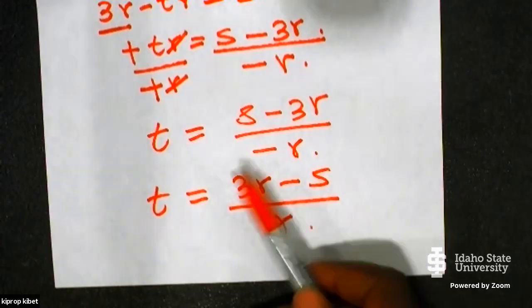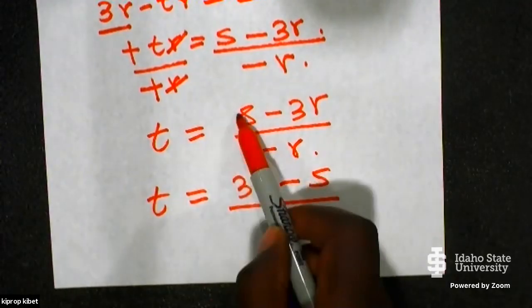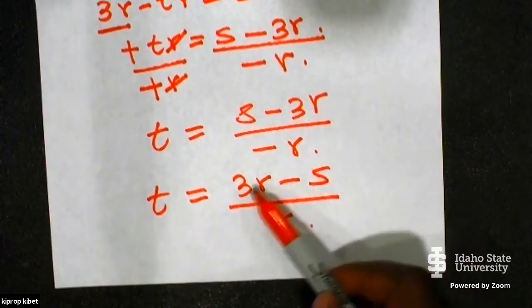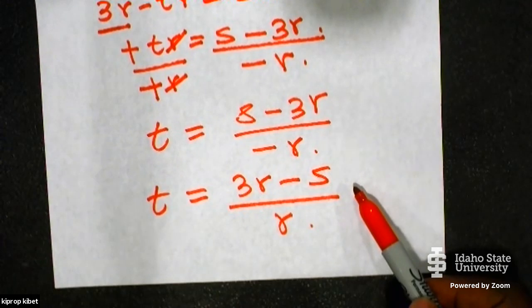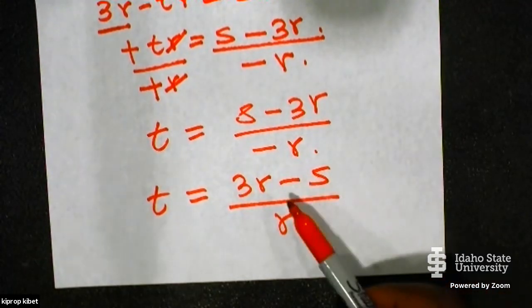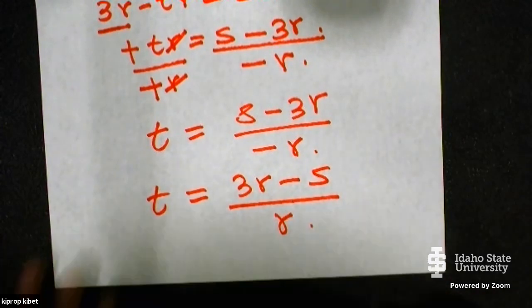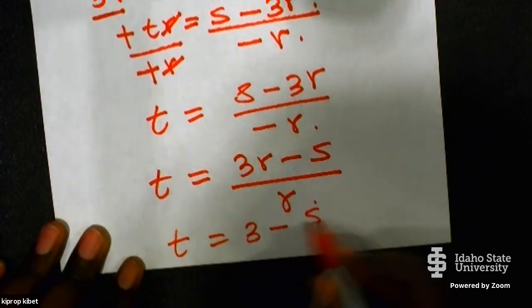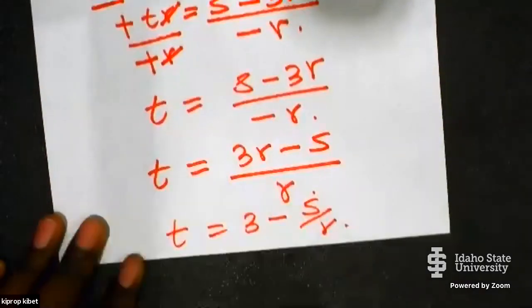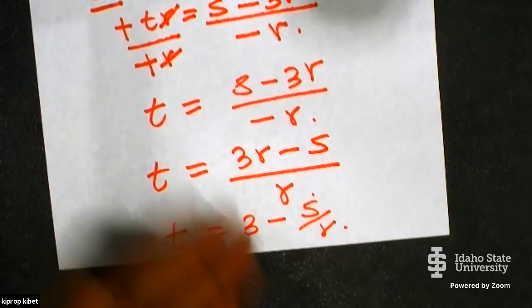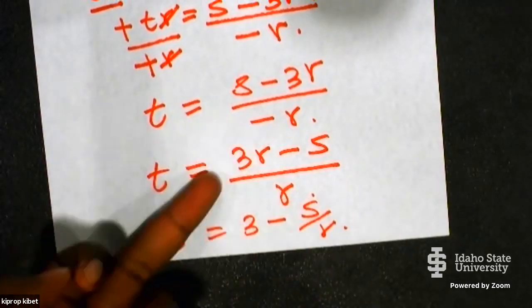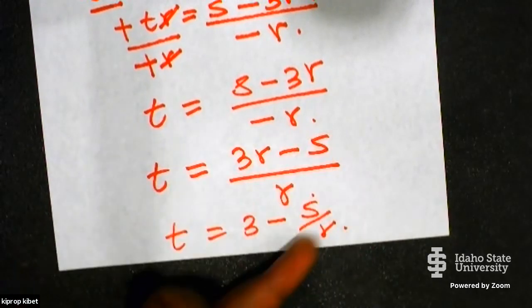Because this will be minus s plus 3r, so it will be 3r minus s. Is it clear? Or finally, t equals 3 minus s over r, because you divide 3r over r and s over r. So r and r would go, and what will remain is s over r.